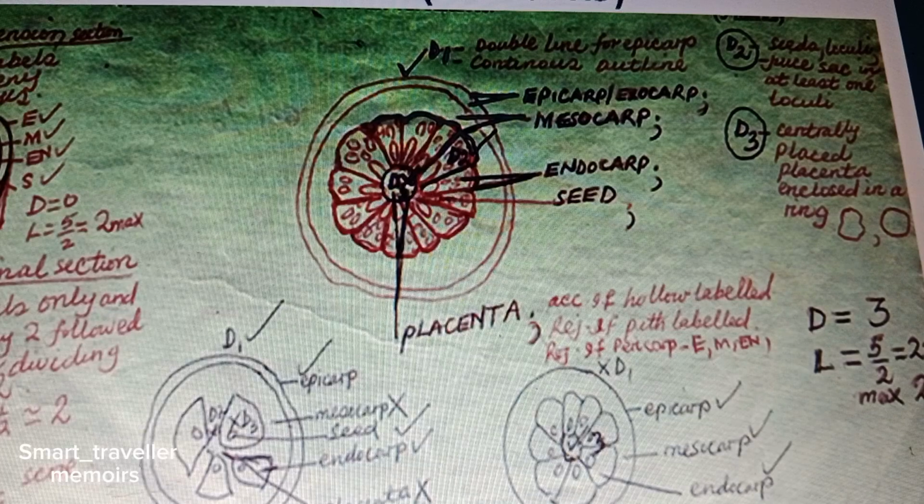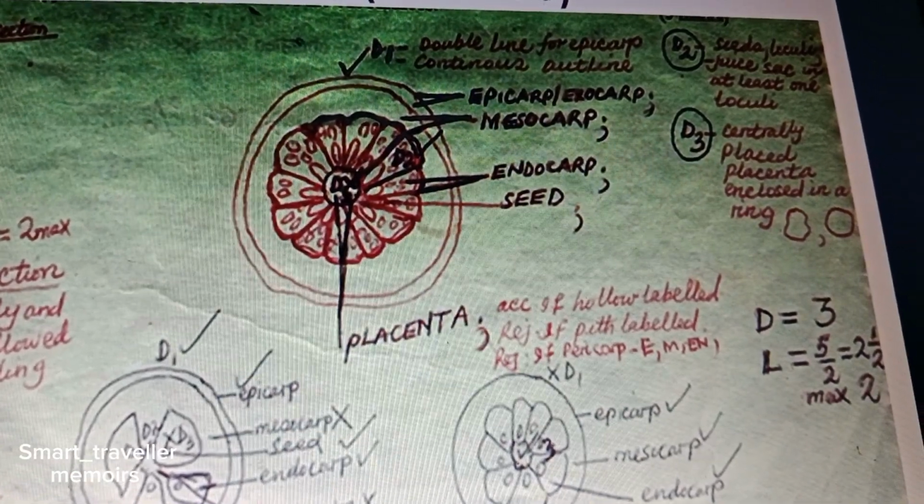Drawing mark 1: double line for epicarp, continuous outline. Drawing mark 2, which is there at the corner: seeds located, seeds should have a loculi and juice sac in at least 1 loculi to get that mark.